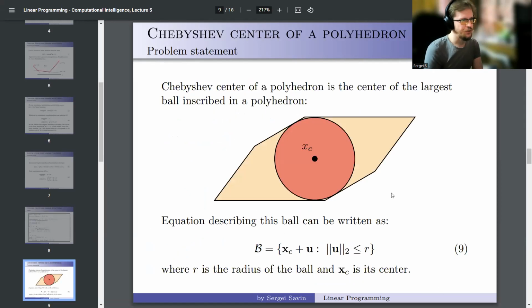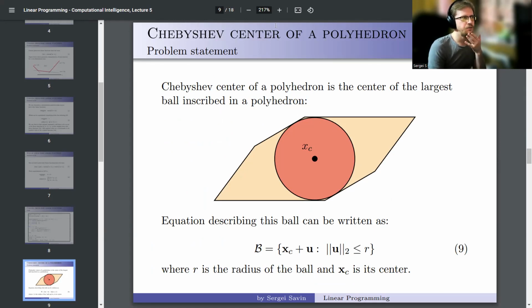Right. No questions so far. So second, more useful, I guess, immediately. Though the previous one was also useful. That is the Chebyshev center of a polyhedron.